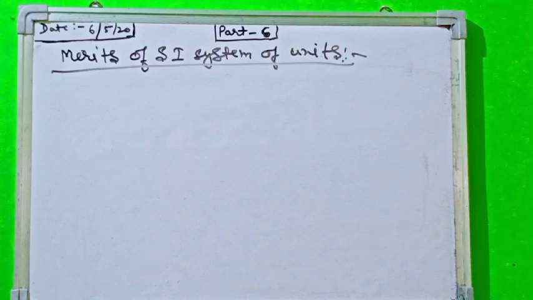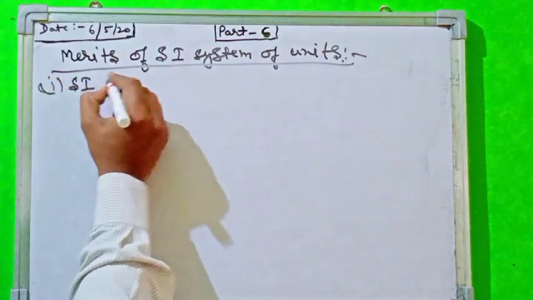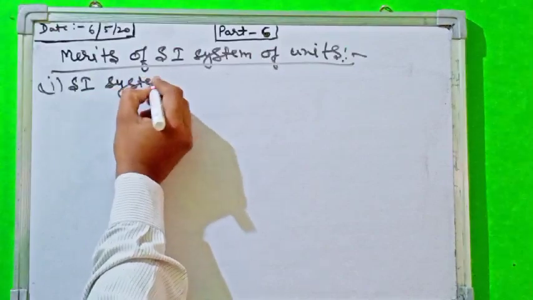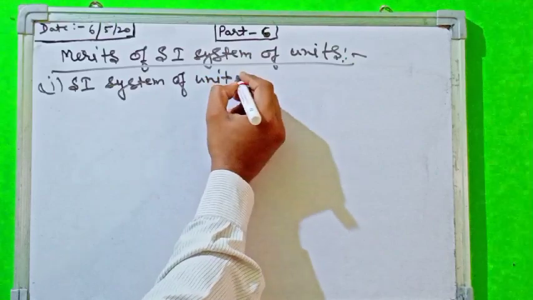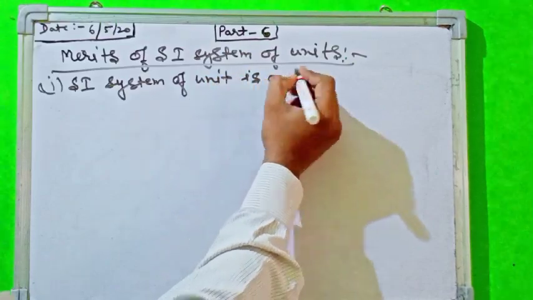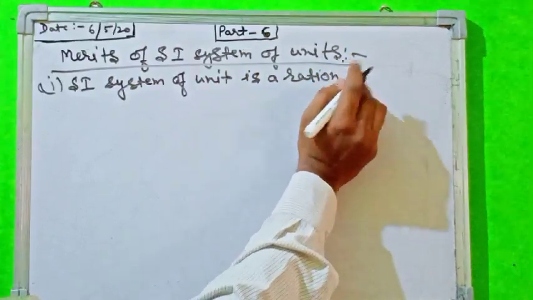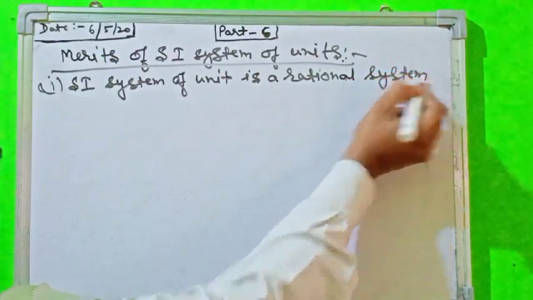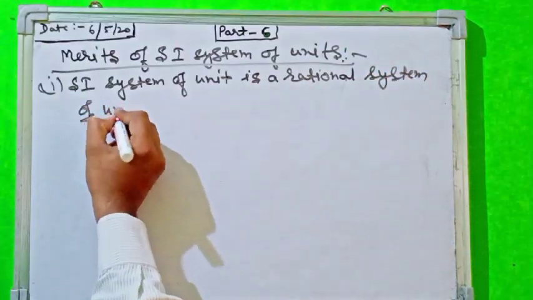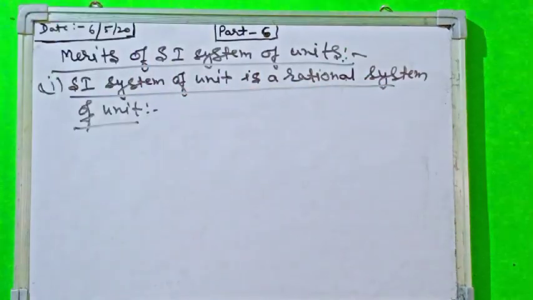First one is, the SI system of unit is a rational system of unit.